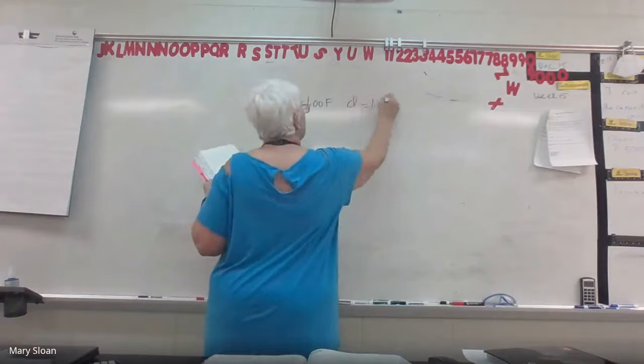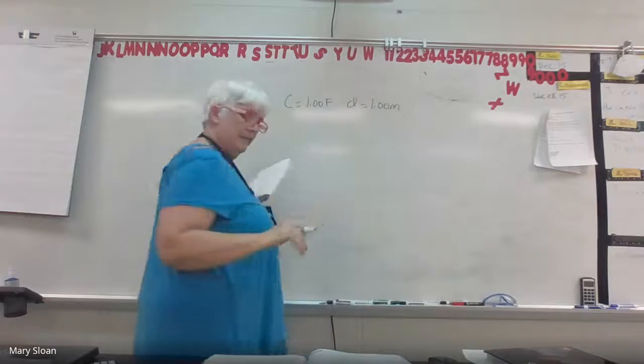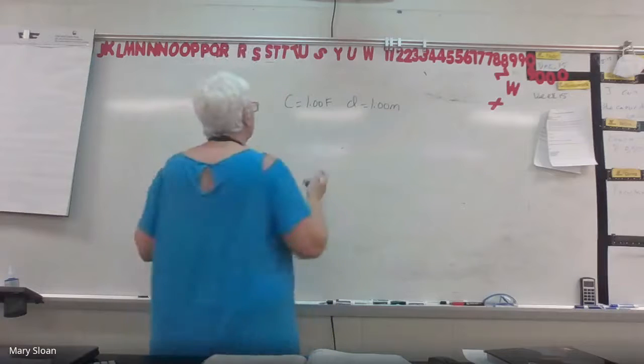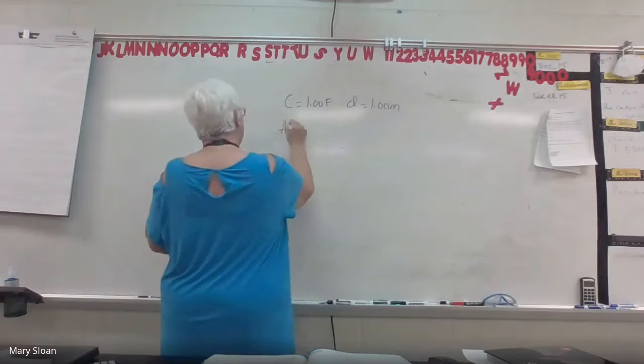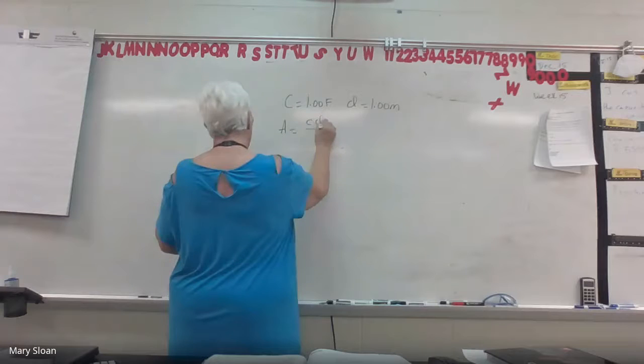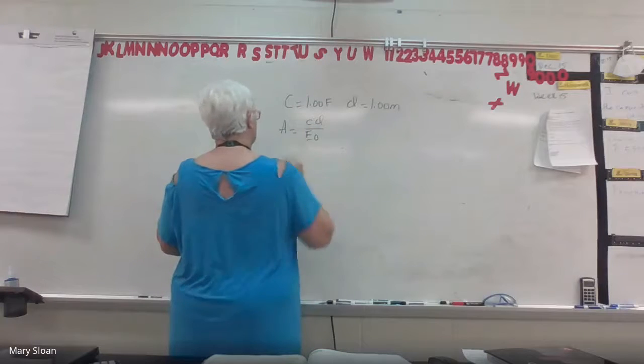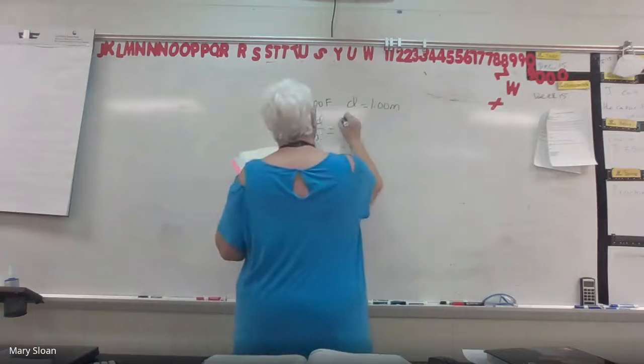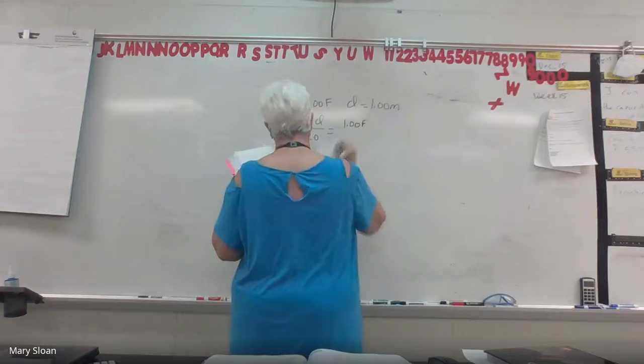And what it's asking us for is it's trying to find surface area. So we're going to use A equals C D over epsilon naught. So our C is 1.00 Farad.